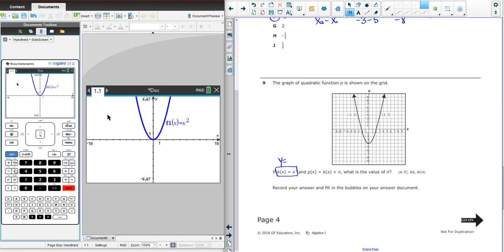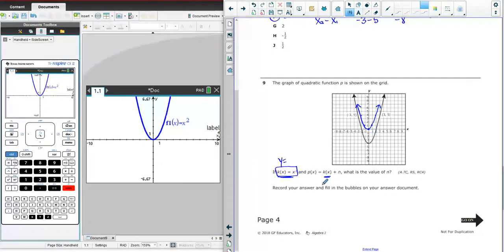Notice how the vertex is at the origin, which means the parent function starts at the origin and it goes something similar to this, okay? The one in blue is the parent function. That's this part. But here they're saying p of x, that's the black parabola, is equal to the parent function plus n. So they want to know what's the value of n.